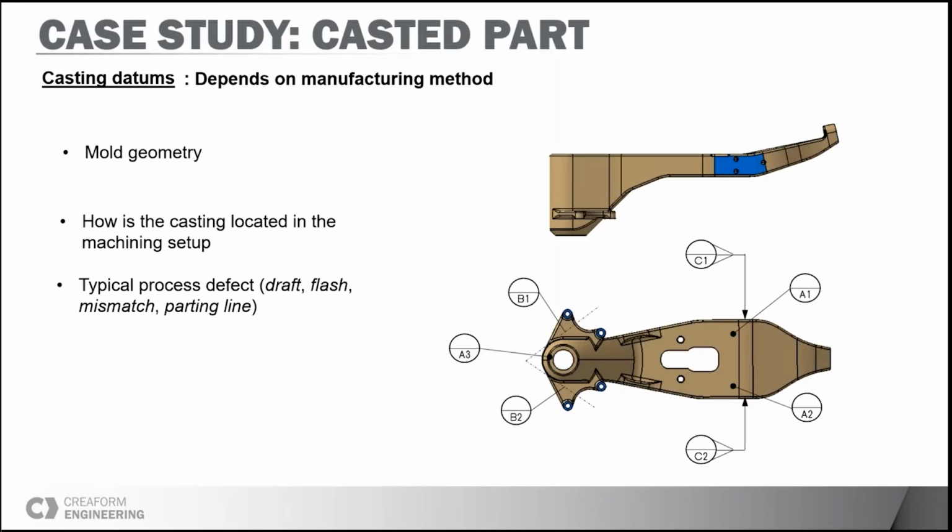Regarding this, what I could add, and we had those questions in the earlier webinar we made, is how to make the link between the datum targets you see now on the screen and the final datums for the final component. In such a case where you have a casting like that, most of the time the link between the two will be a profile tolerance on certain of these features.